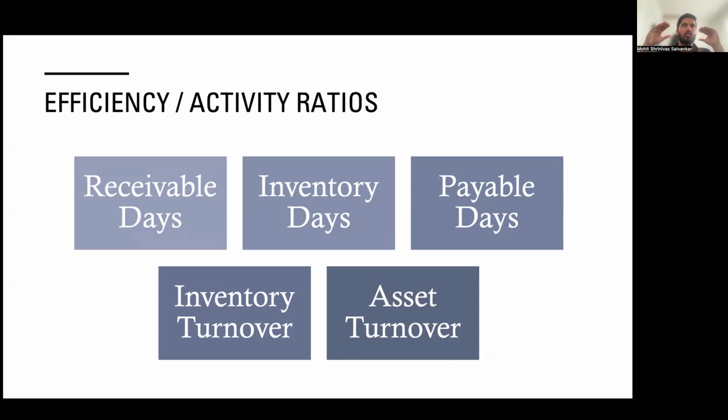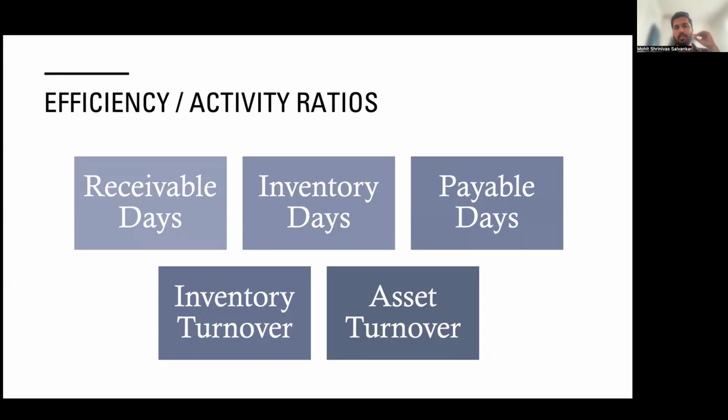So when we say the operating cycle has to move fast, how do we determine the operating cycle? It comes from these days. How many days did you hold your inventory? How many days did you hold your receivables? How many days did you hold your payables? And like this.